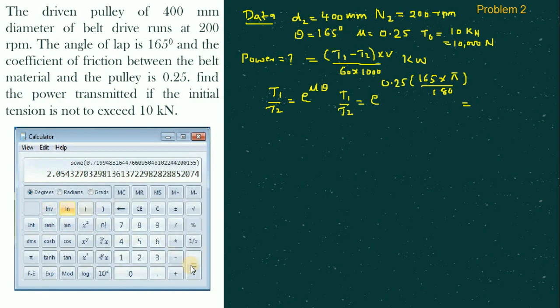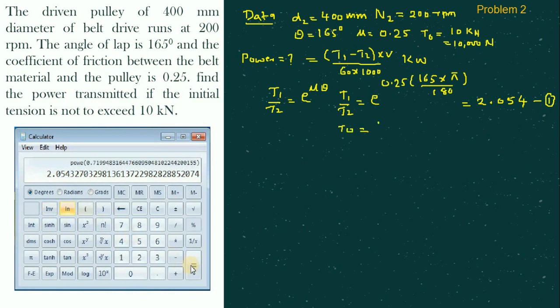So now the value we got is 2.054. Let's write it, 2.054. So this is equation number 1, you can say that one.